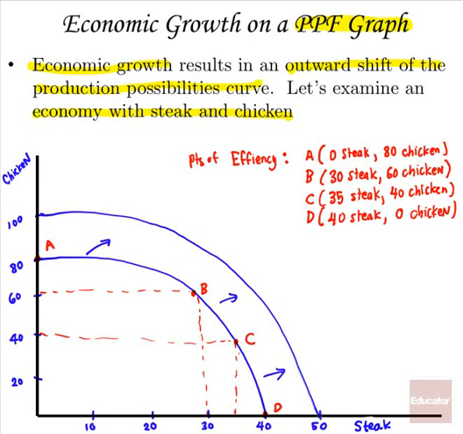So now, you have points that are on the production possibilities frontier. You can make both more steak and more chicken here. Let's call this a dash right here, C and D. So an outward shift of the production possibilities frontier means that you are capable of making more chicken and steak.